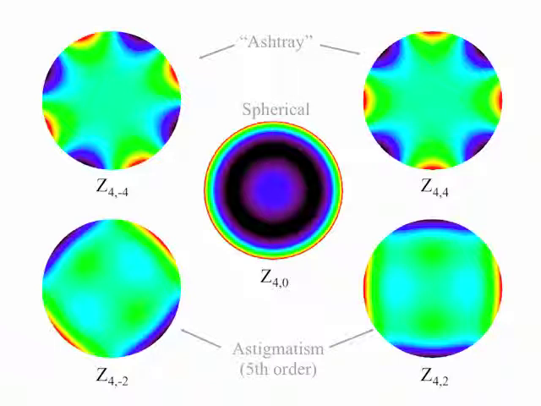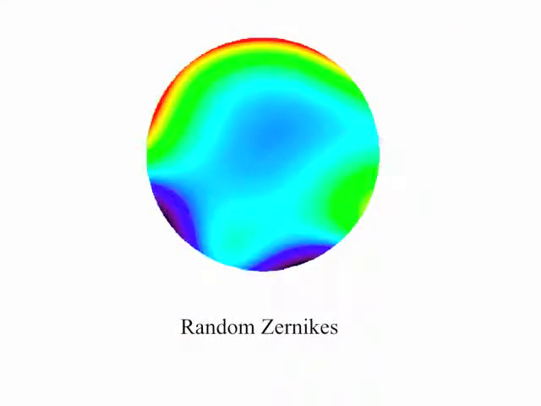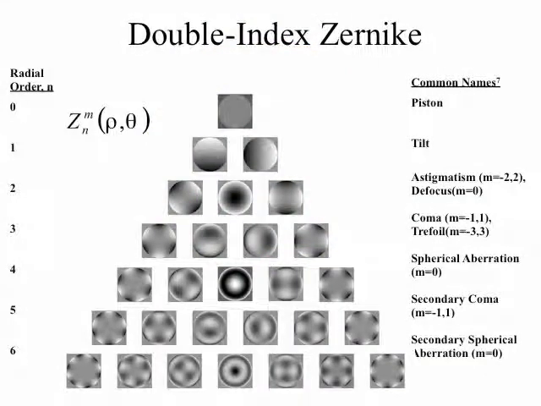What we're looking for with the Zernike polynomial is to try to just get the best fit. This is an example of a random Zernike in some sense. Every actual wavefront is going to have some degree of randomness in it too. This is just a table once more showing us the different Zernike polynomials, and once more piston and tilt are things that are not of interest to us clinically.